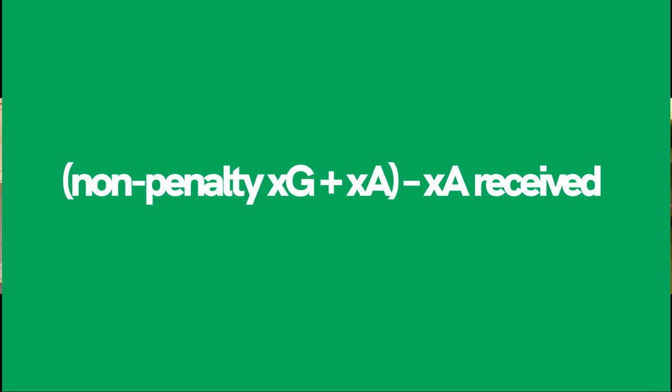You do that bit first, and then from that total, you minus the expected assist received from whoever passed them the ball or played it to them. So I guess the idea behind this is to encapsulate the value that player is adding to the attack of their team.